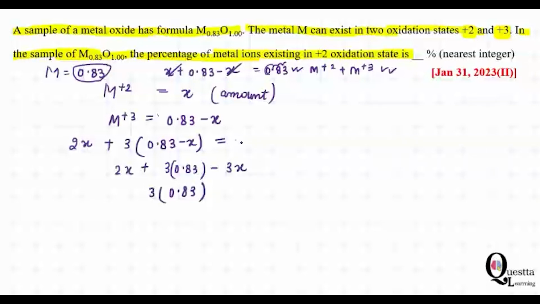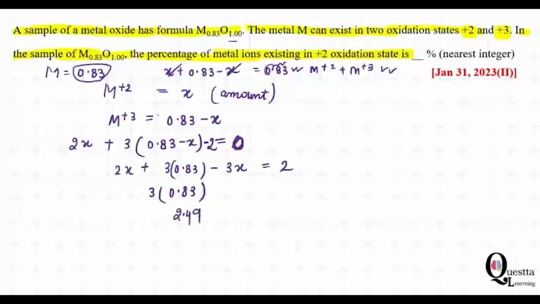Why so? Because the oxide is also given, minus 2 will be here, and this is equal to, let's put it, 0. So the minus will come over here, and it will be divided by the 2. If you multiply this, 3 into 0.83 is 2.49.